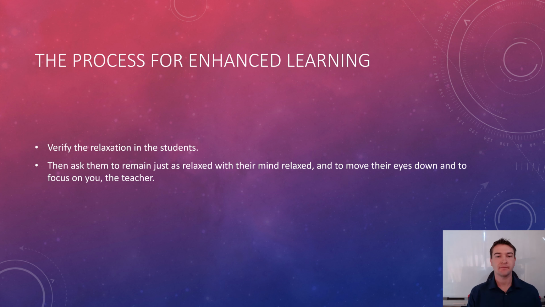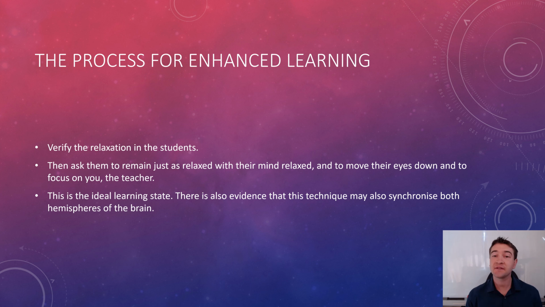So moving it down now. So each and every lesson, or each time you come back to this course, I want you to just get into that spot of relaxation and then come back down. Ready to learn, ready to focus, ready to retain that information. Now this is the ideal learning state. There is also evidence that this technique may synchronize both hemispheres of the brain.